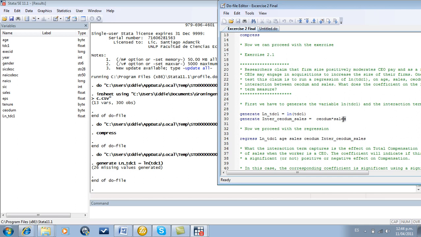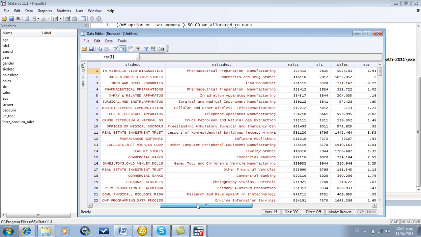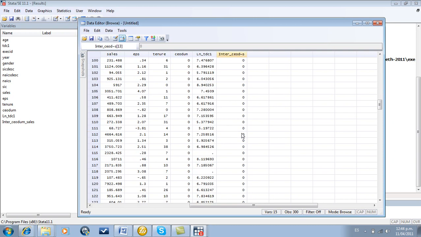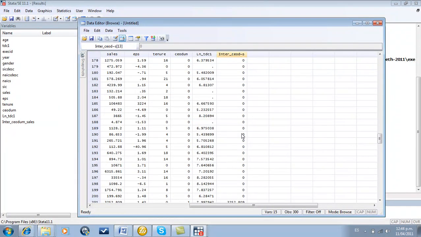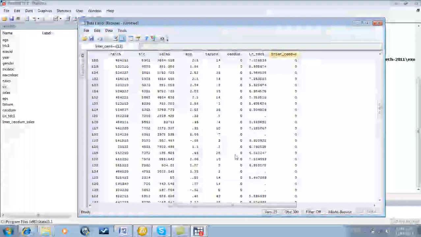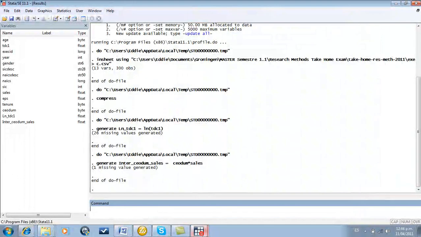Generate, and then I will generate the interaction term. Perfect. I'm just going to make a quick check. Here we have the interaction. Here we have the CEOs, and here we have the logarithm of total compensation. Perfect. Okay.